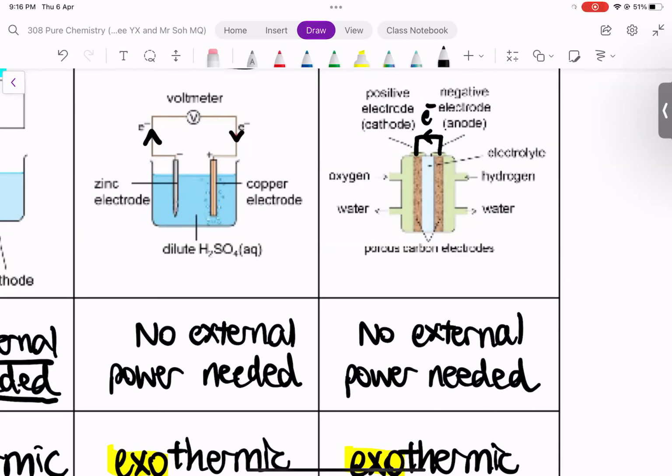We force the electrons from hydrogen to go to oxygen via a circuit. And that's how we generate electricity through the circuit. So this is a clever way of ensuring the electrons go through the circuit as electrical current, electricity, and doesn't generate heat. All right?